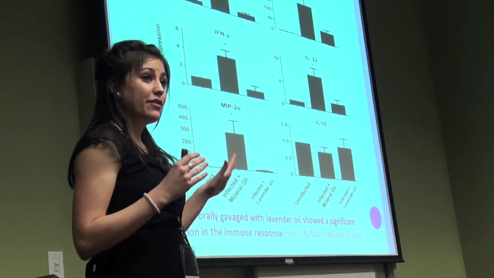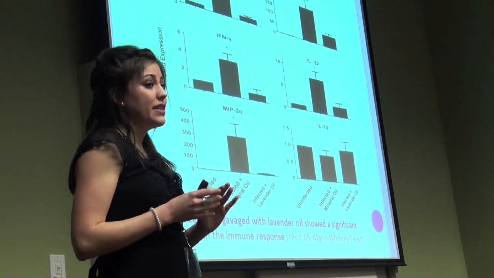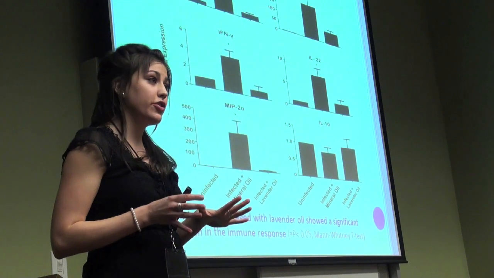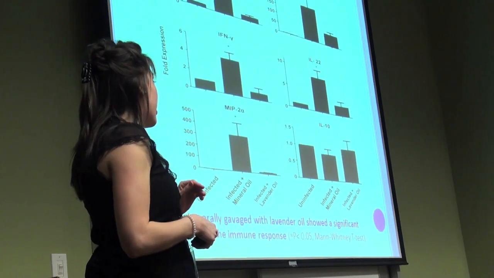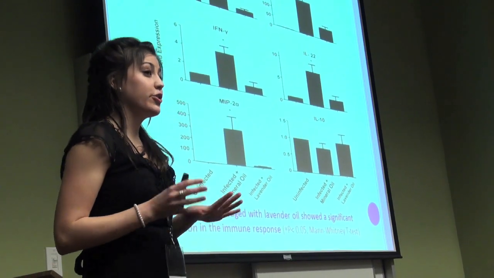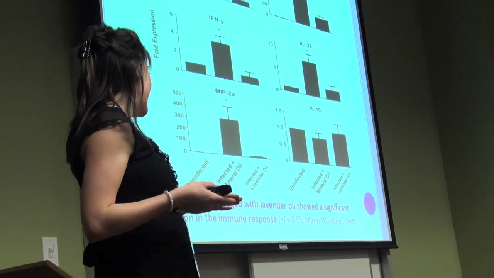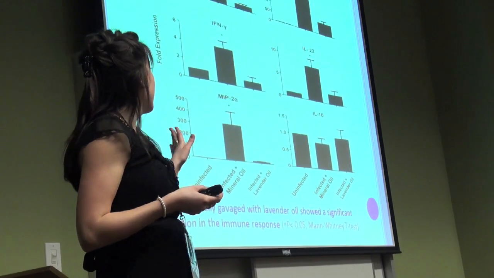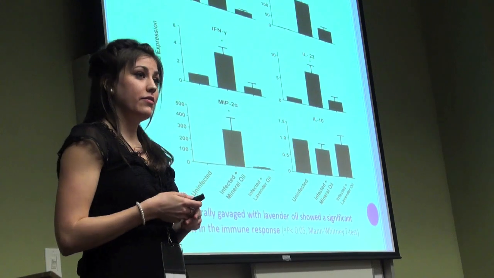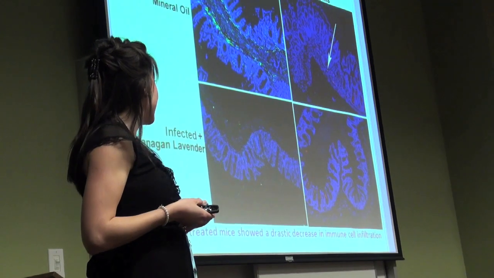And in our anti-inflammatory cytokine, interleukin 10, although a significant difference was not seen, there was a definite trend for it to be increased in our lavender-treated mice. So the mice that were orally gavaged with lavender oil are showing a drastic decrease in immune cell expression.